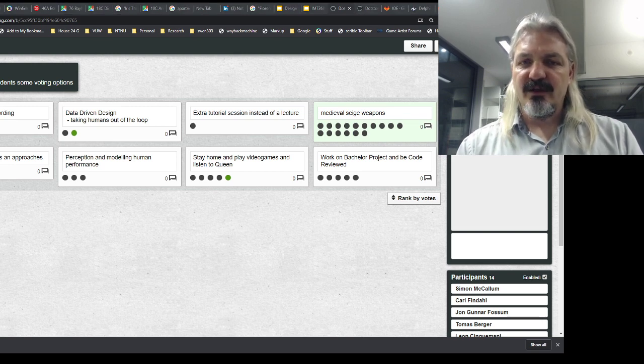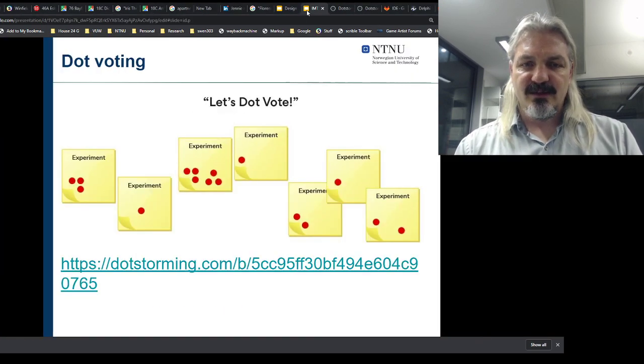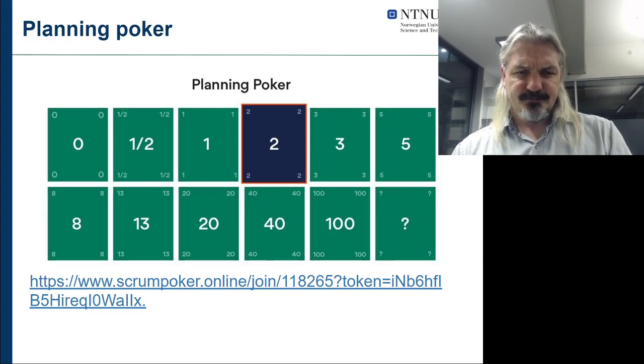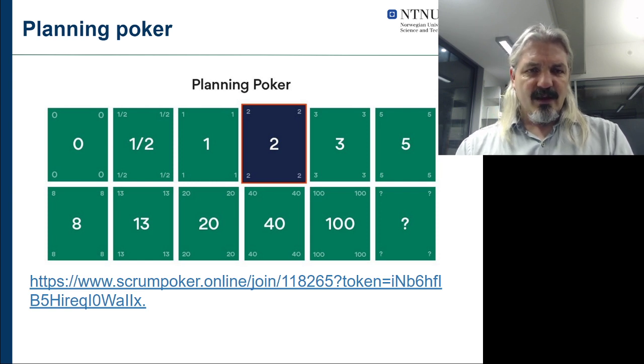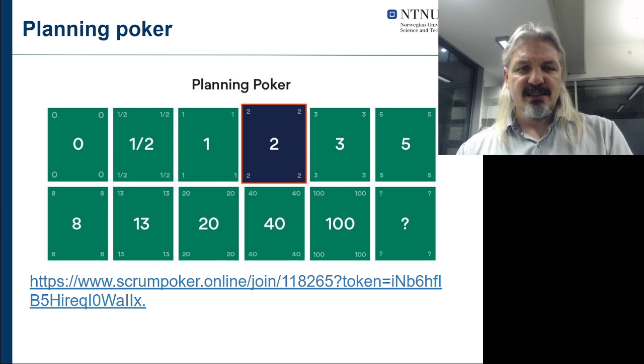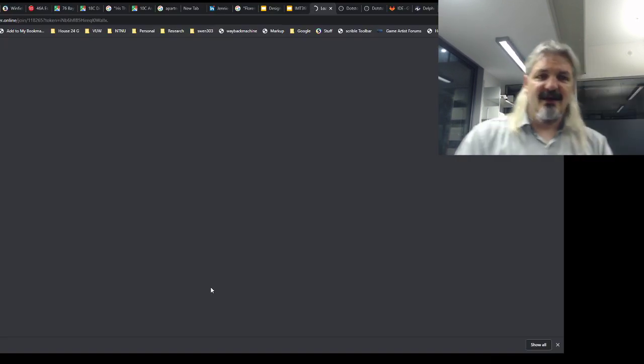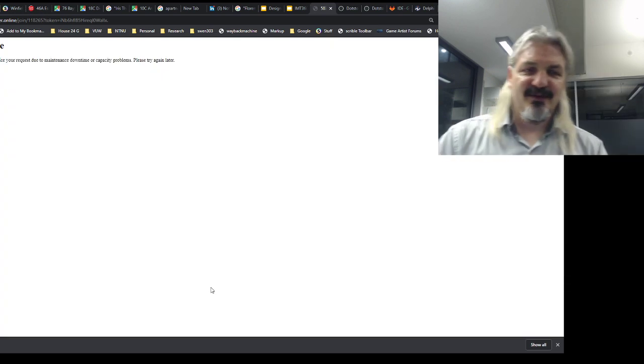Another tool that you can use, if I get back to the lecture, is planning poker. And I'll just make sure that that's right. So planning poker is, again, a different style of making decisions. And the idea of planning poker is, and I didn't update this, so we'll have to see.